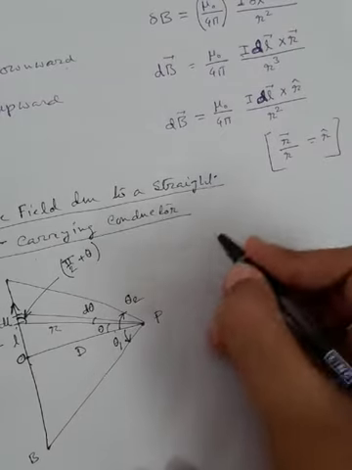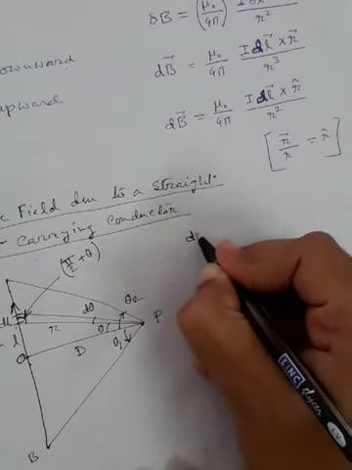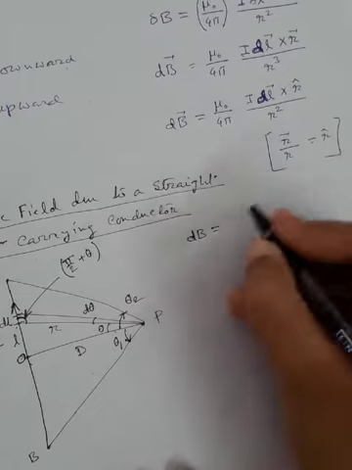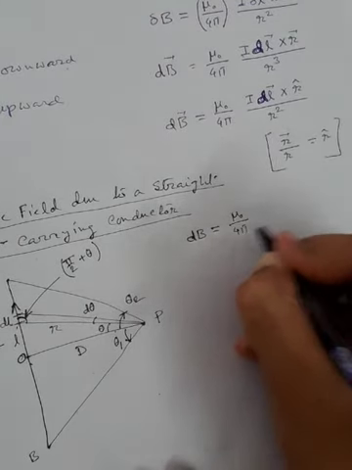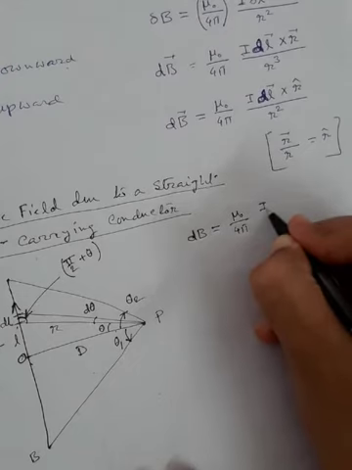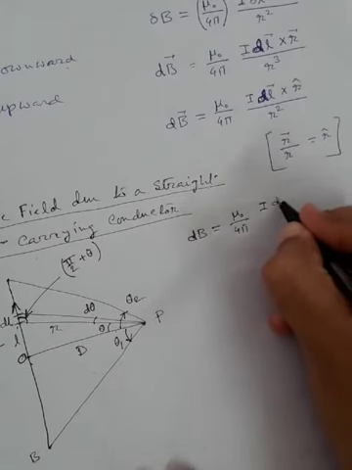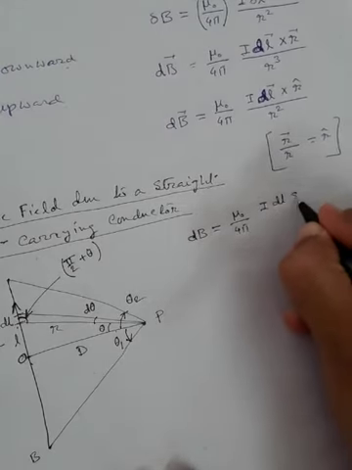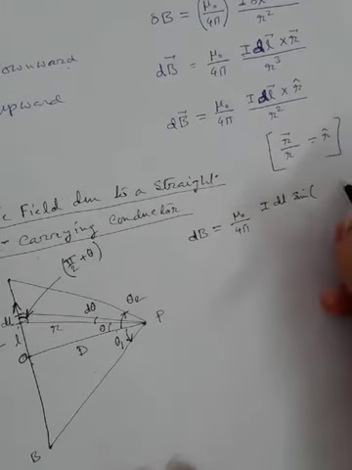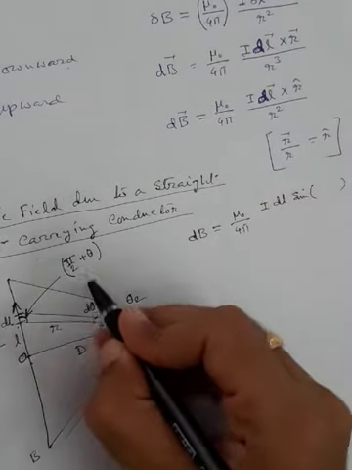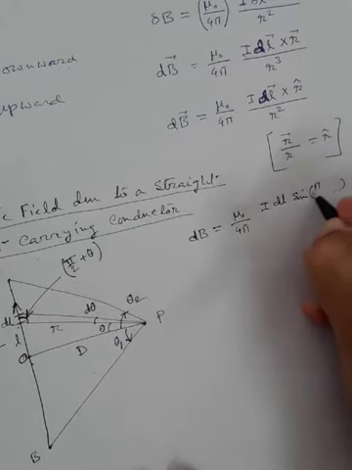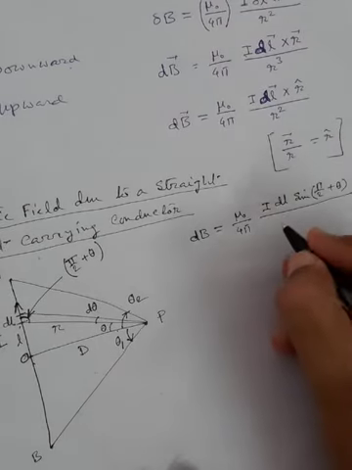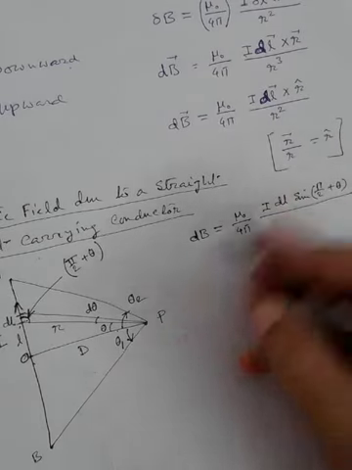Now from Biot-Savart law we can directly write dB is equal to mu 0 by 4 pi I dl sine of the angle, which is pi by 2 plus theta, divided by the distance squared.